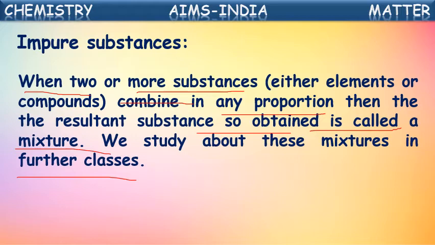We are studying the chemical classification of matter. Matter is classified into two types: pure substances and mixtures. Mixtures are also known as impure substances. Pure substances are elements and compounds, which we have finished till now. So in our further classes we are going to learn about impure substances or mixtures.